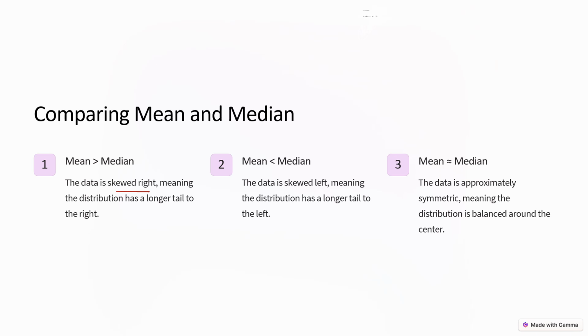When your mean is greater than the median, the data is skewed to the right. If the mean is less than the median, then the data is skewed to the left. And lastly, anytime your mean is approximately the same as the median, then we can say that this is symmetric. In the subsequent example, I will give you some data sets and ask you to find the shape of the distribution.